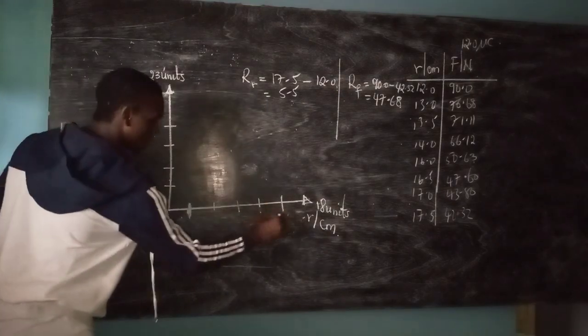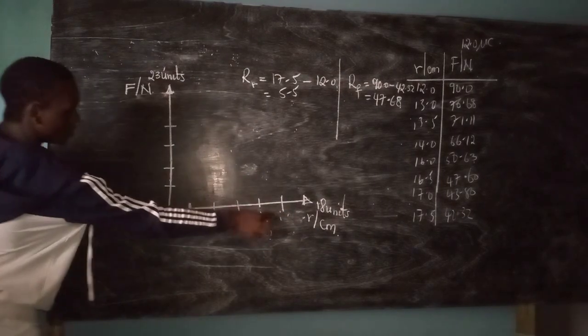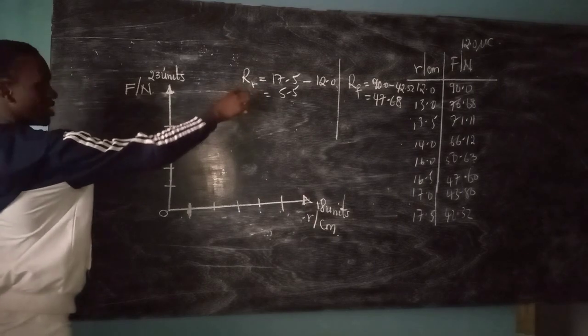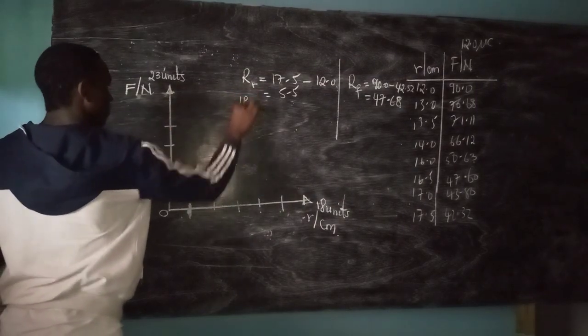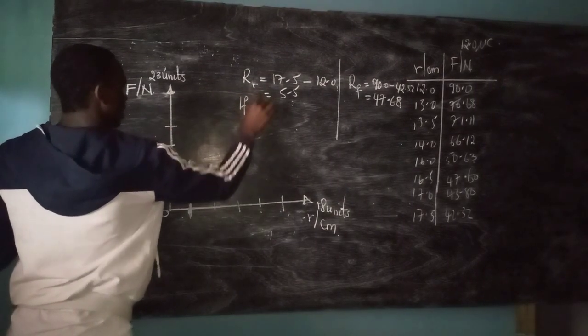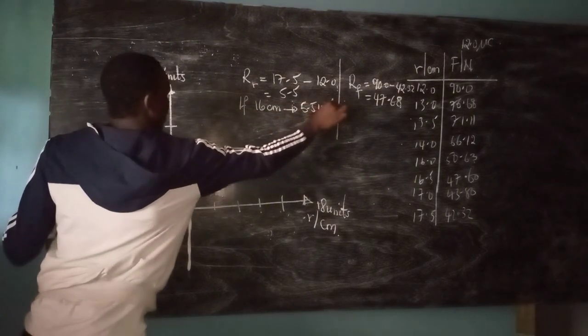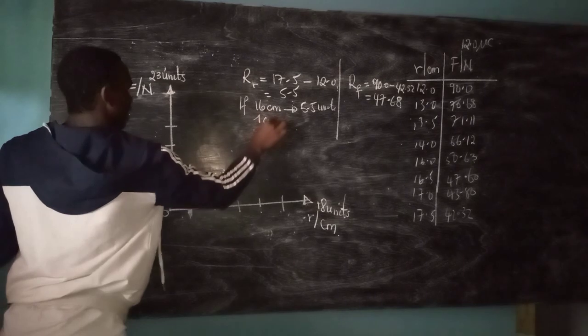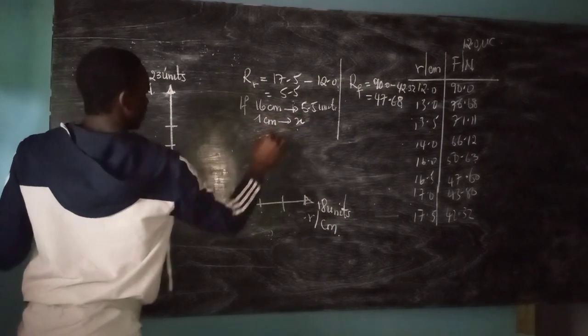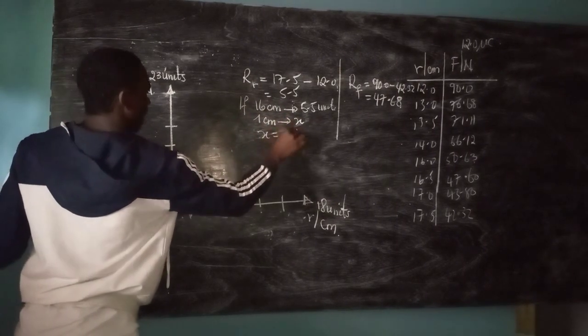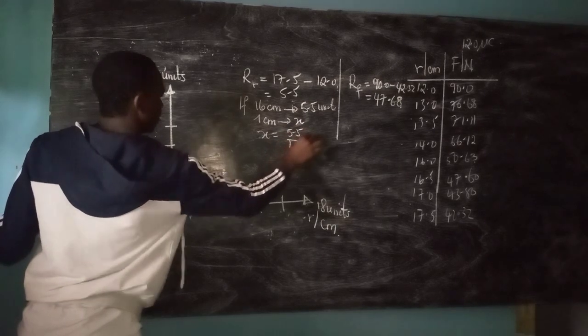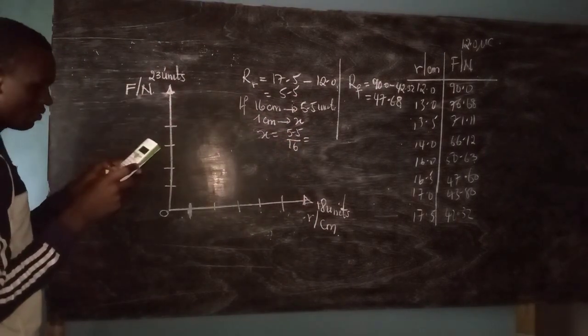So on my graph, since I've decided to choose 16 of those lines to represent this range, I say that if 16 centimeters represent 5.5 units, it means that 1 centimeter will represent x. By simple proportion, x will be 5.5 divided by 16. So I take 5.5 divided by 16.